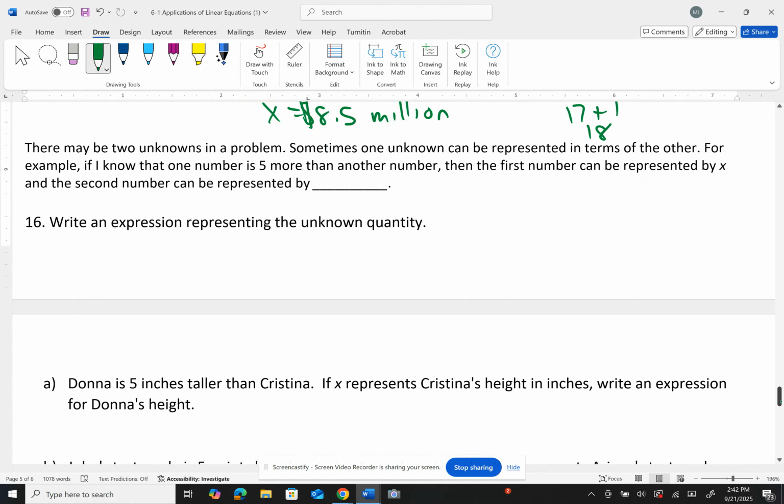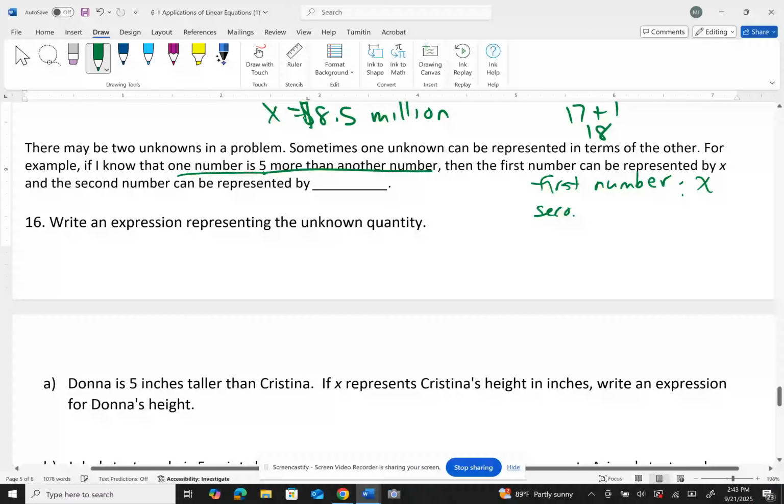If you know that one number is 5 more than another number, then you can let X be the first number. Okay, so let the first number be represented with X. Then the second number, it tells me, is 5 more than that. 5 more than that means I could use X plus 5 to represent it.